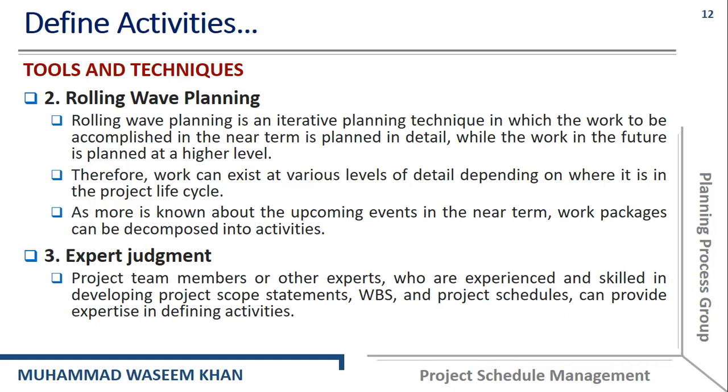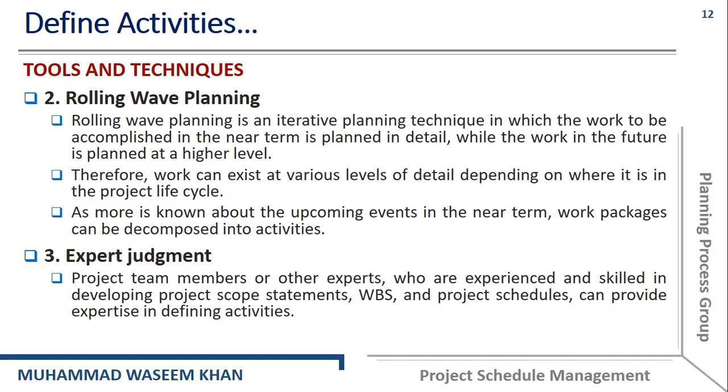As more is known about the upcoming events in the near term, work packages can be decomposed into activities. So we decompose the work packages into as many activities as possible because it will help us manage the project very easily. And managing an activity is much easier than managing the whole work package. So that is called rolling wave planning.